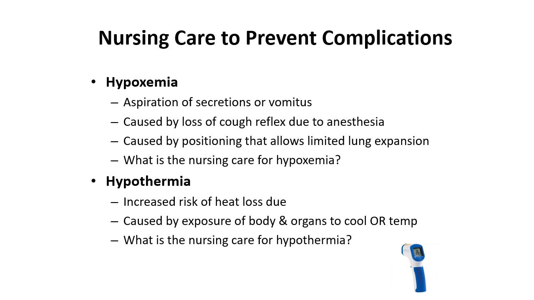And most of the time what happens is we put them in with an NG tube so that we're able to suction that out so that we're not at risk for vomiting, which is caused because of that loss of reflex due to the anesthesia. You put a patient in, they're not NPO, we paralyze their GI system, we put them on anesthesia, and that's what can happen. So that's the nursing care for that, and we're going to watch them very closely.